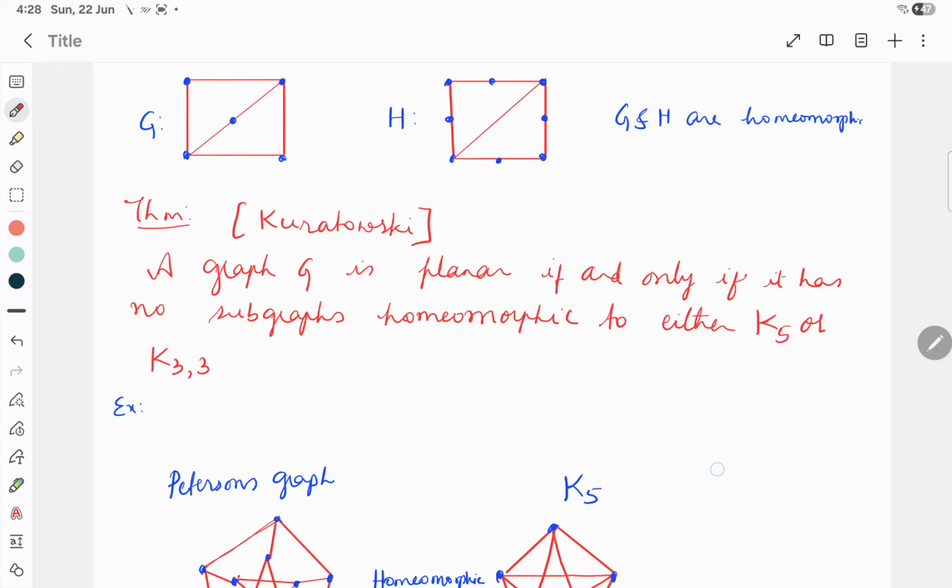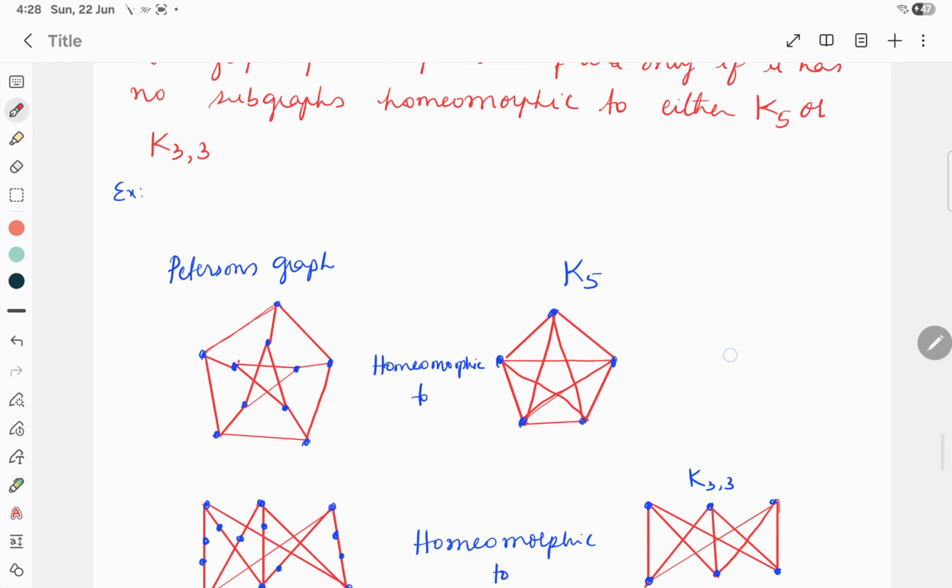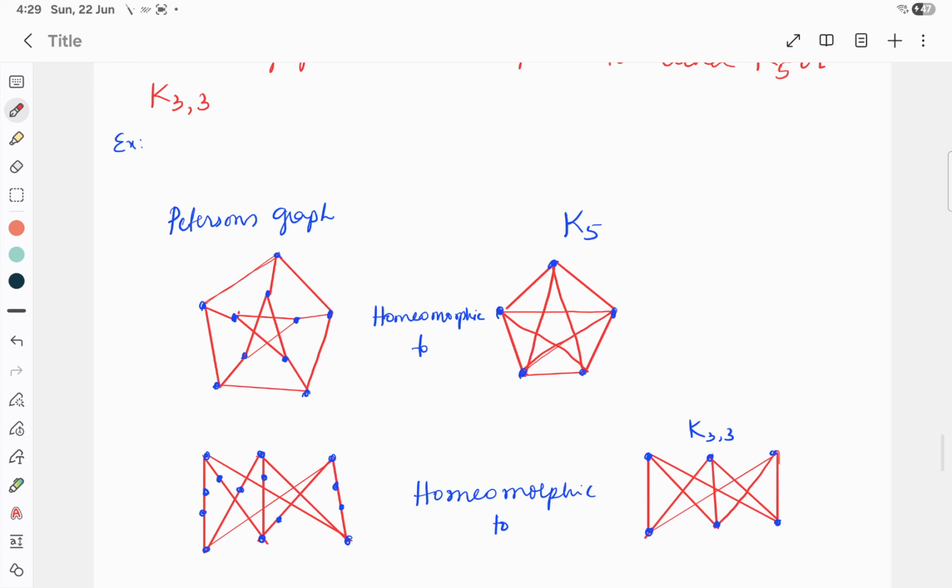So let us consider the Petersen graph as shown here in this figure, and this is homeomorphic to K5. How?